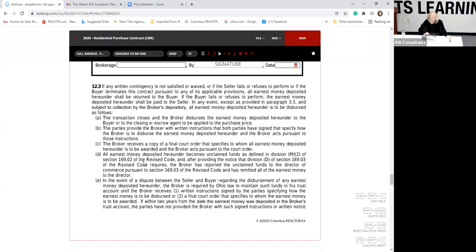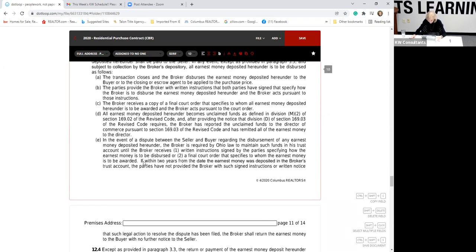D, all earnest money deposited that they can't agree upon goes into unclaimed funds until, usually after 2 years, the sellers give up and the buyer gets it back, but we can't bank on that. But anyway, you just can't give it back until they get a mutual release.